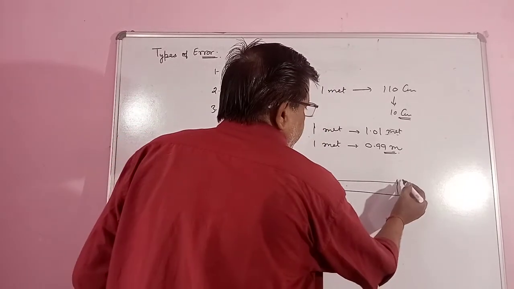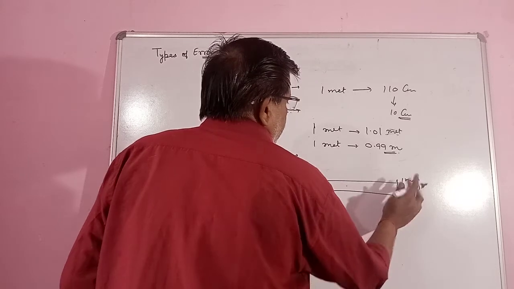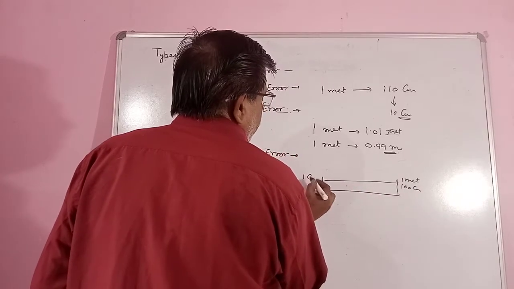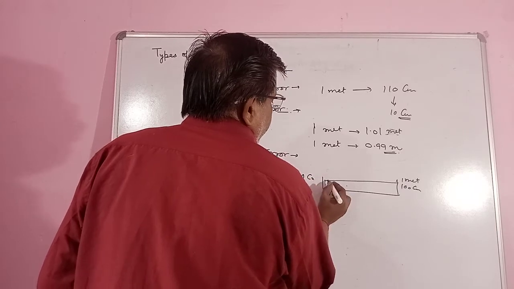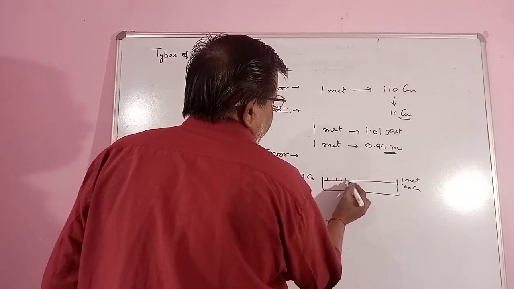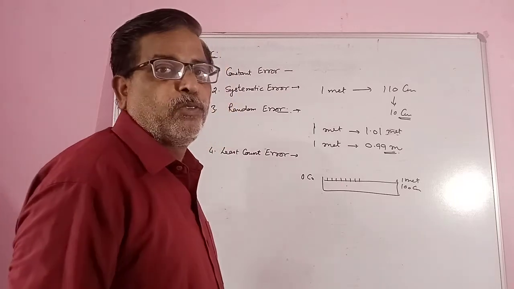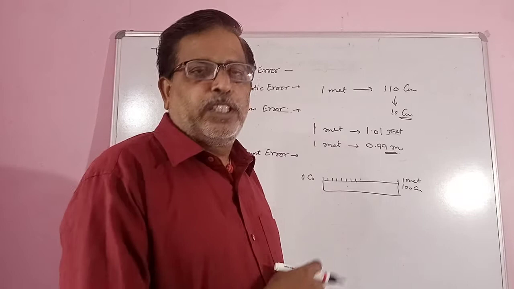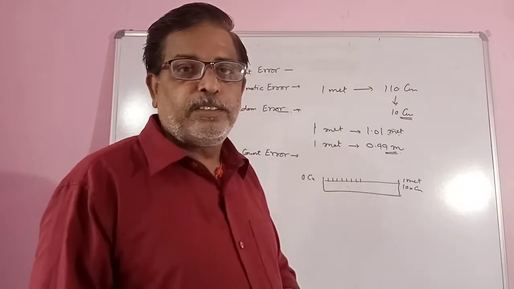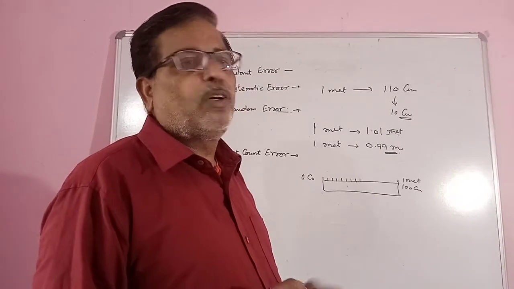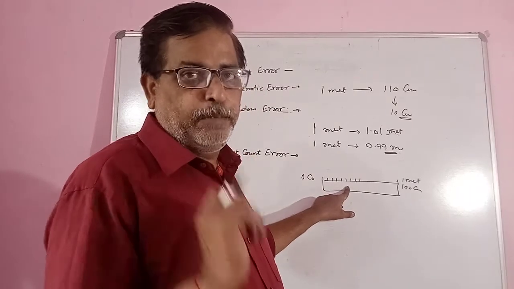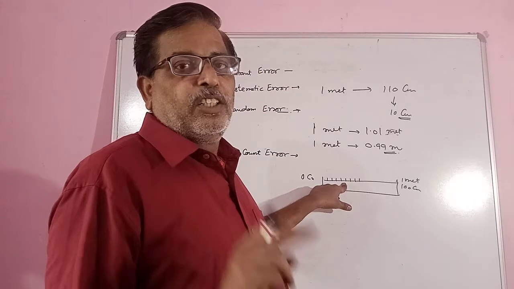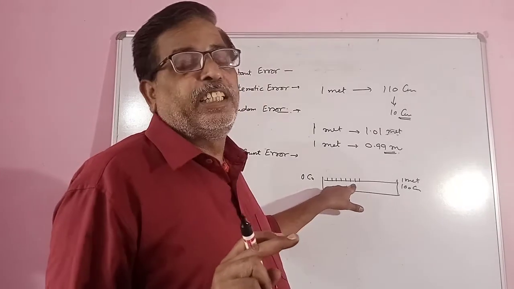This is 1 meter or 100 centimeter. This is 0 centimeter, and these are the calibrations of 1, 2, 3, 4, 5, 6, 7, 8 centimeters. Millimeters are not given in this scale. So the least count of this scale is 1 centimeter.